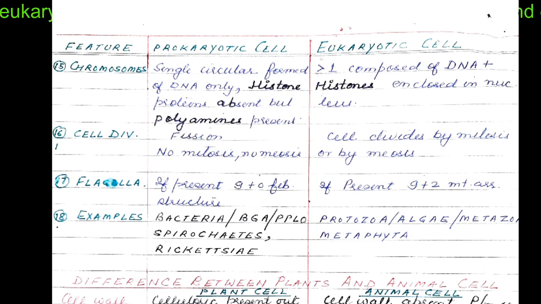Prokaryotes have a primitive method of division, and the cell divides by fission, no mitosis, no meiosis. However, an elaborate system of cell division is present in eukaryotes, and it is called mitosis and meiosis.